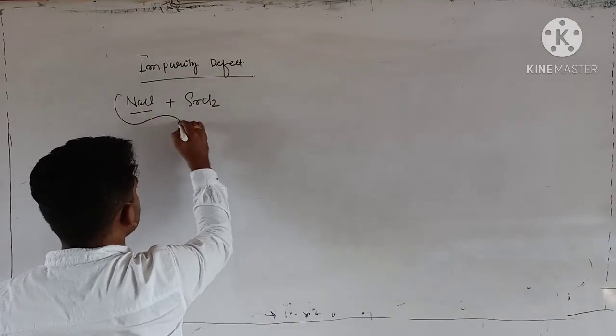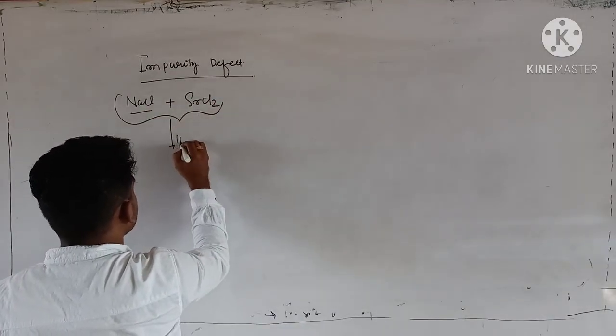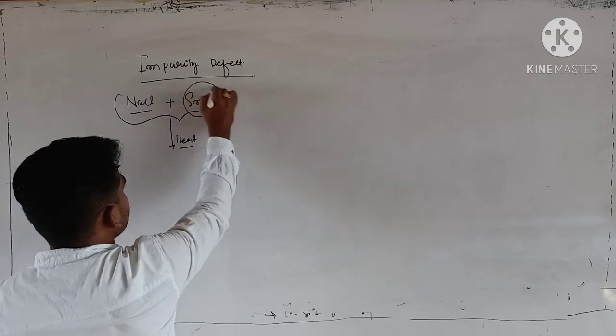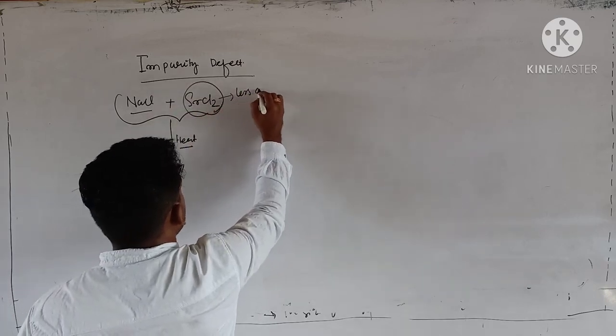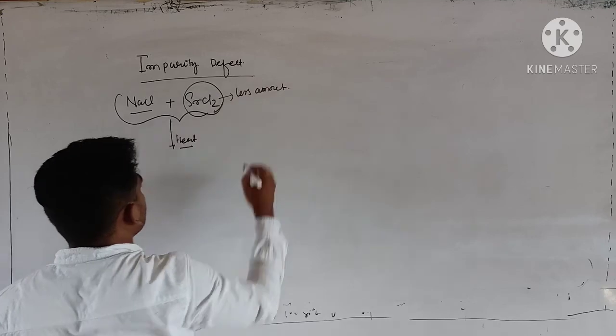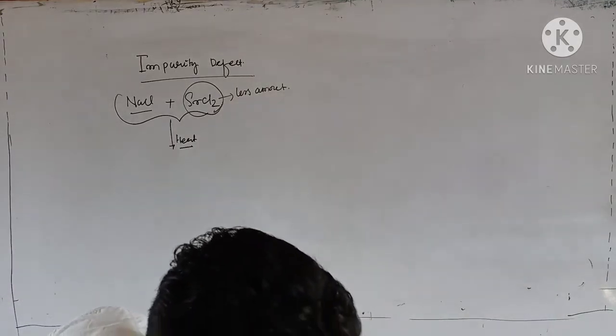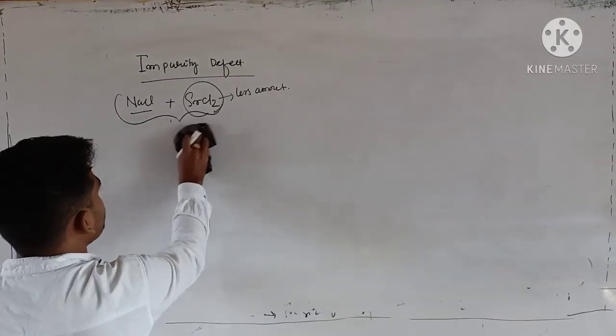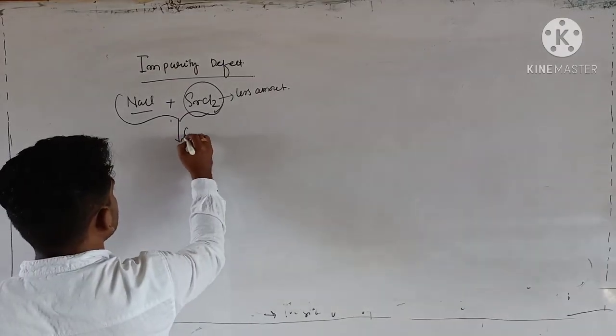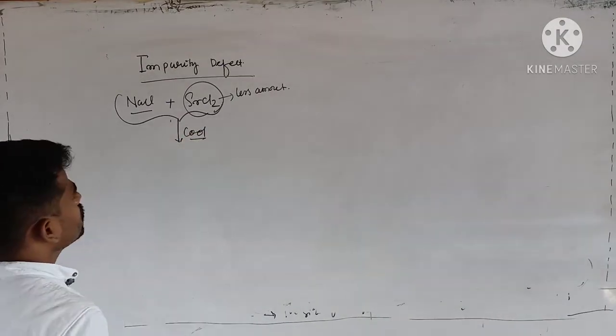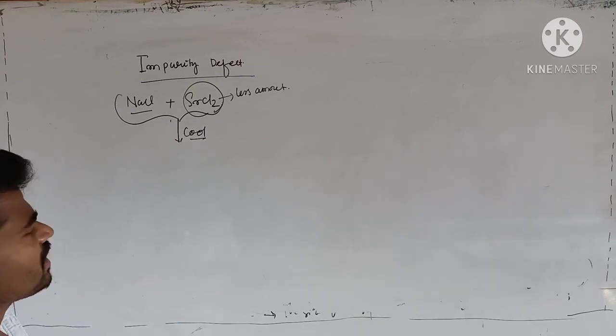When this mixture is subjected to heat, the Sr2 plus ions enter into the sodium chloride lattice.